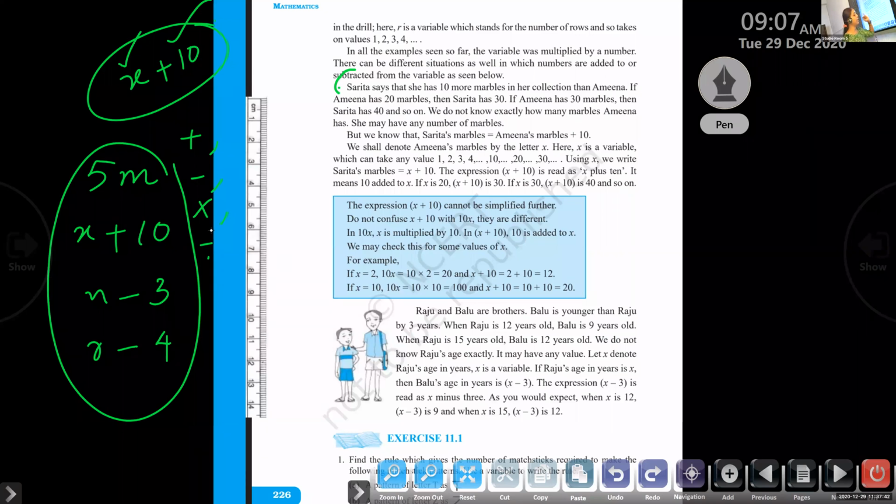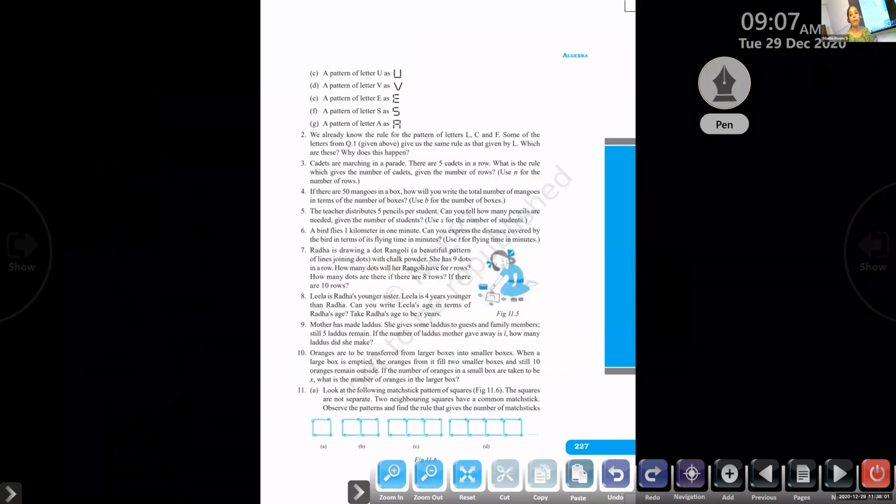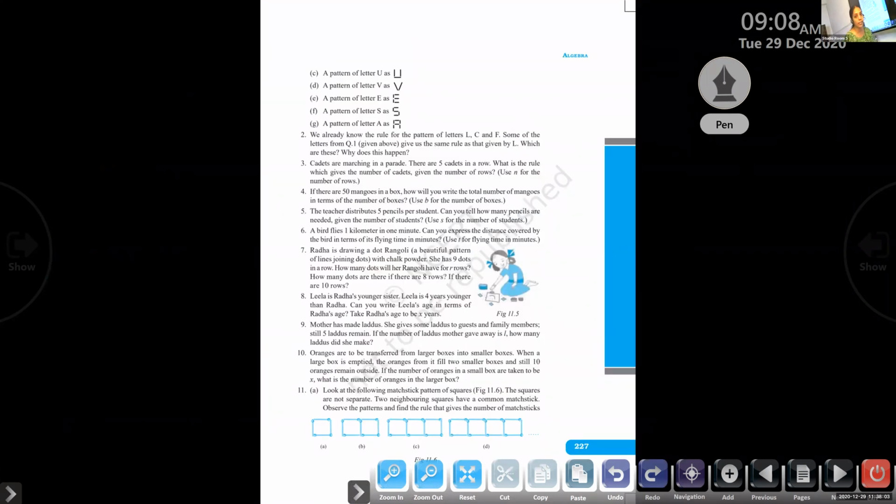An expression has a variable, plus or minus, multiplication or division signs, or some constants. Clear, children? So it is known as an expression. When you go for higher classes, we'll study more about this, with more variables and more constants.